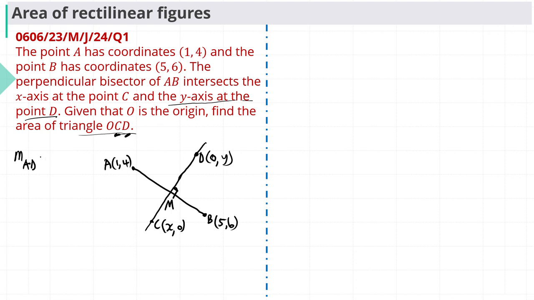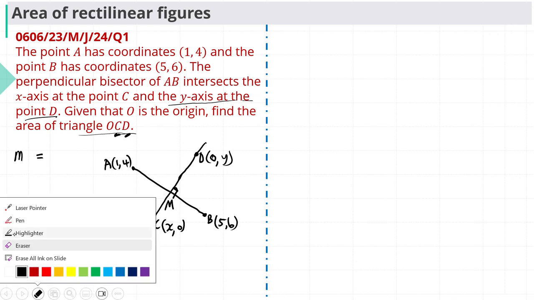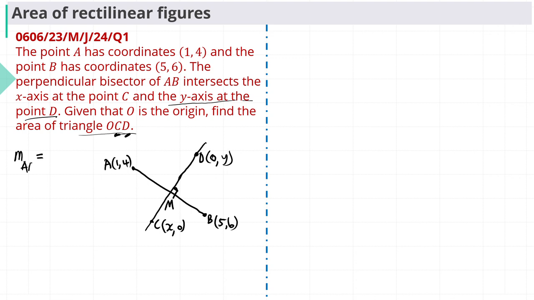First of all, find the gradient of AB. Gradient of AB is change in y, 6 minus 4, divided by change in x, 5 minus 1, and that gives 2 divided by 4, which in turn gives 1 divided by 2.